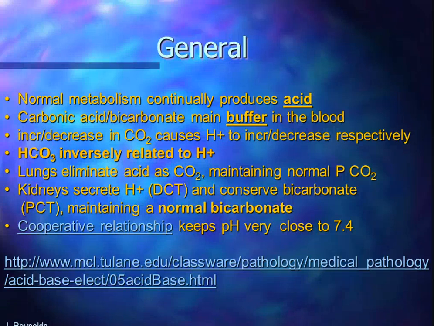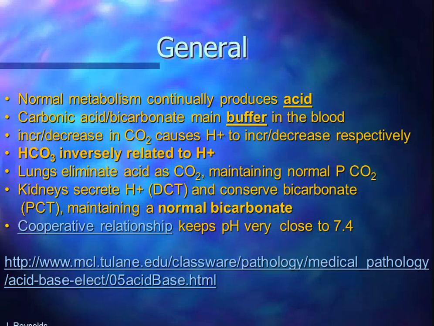Although hydrogen ion makes things more acidic, bicarbonate makes things more basic. Remember, your kidney can control these two things in your blood. We already talked about how the kidneys can be involved in pH control of blood. The lungs also have a job here because the lungs eliminate CO2 and can control partial pressure of CO2 in your blood. And remember that that's tied to carbonic acid and pH of your blood.